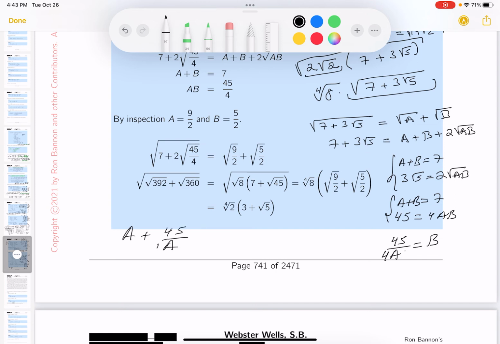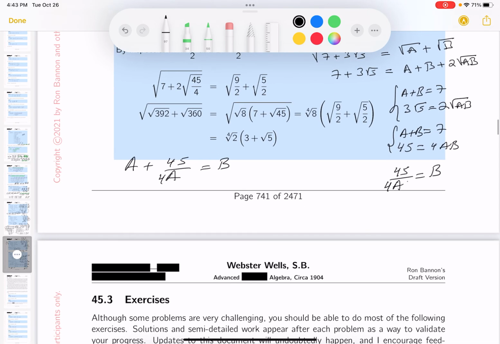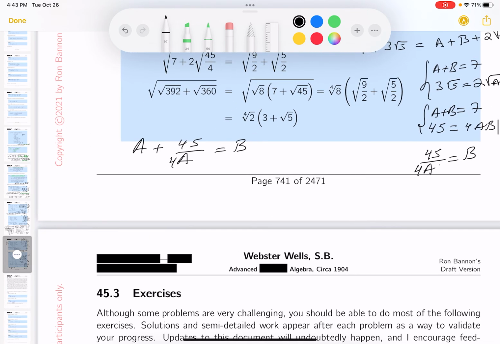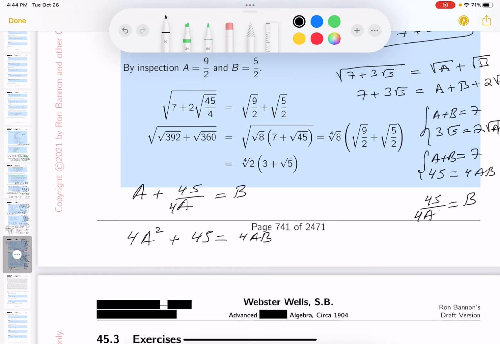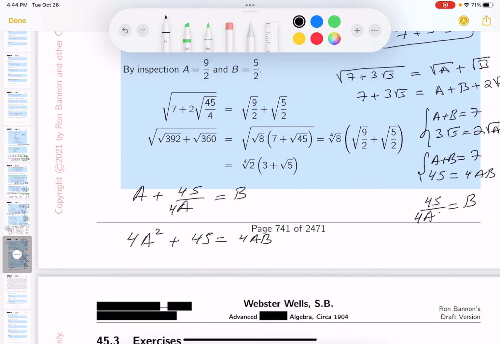And again, don't be discouraged by work. I can multiply both sides by 4A. You would get 4A squared plus 45 equals, and I multiply by 4A, right? So what do you get? 4AB. You know what? I think I made a mistake there. I'm sorry. I wrote down B when it's 7.